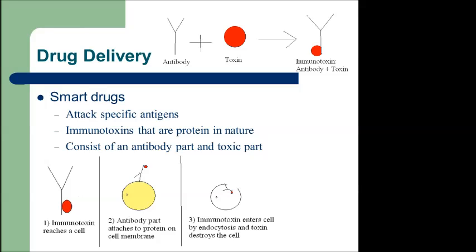Immunotoxins are protein in nature and consist of an antibody part and a toxic part. The process is like this: the immunotoxin reaches a cell and the antibody part attaches to the protein on the cell membrane. Then the immunotoxin enters the cell by endocytosis and the toxin destroys the cell. This is the smart drug delivery system.